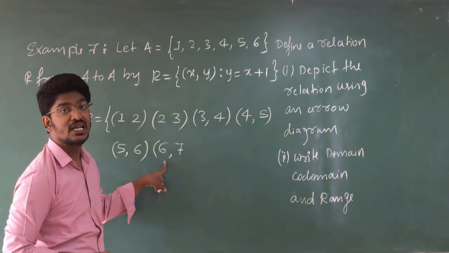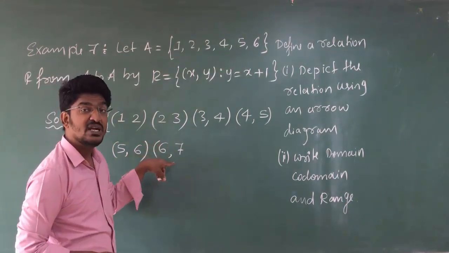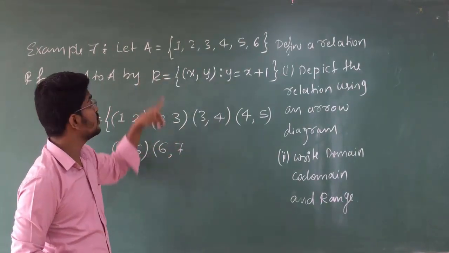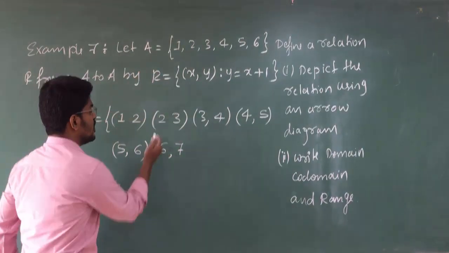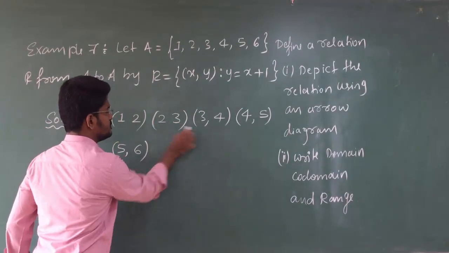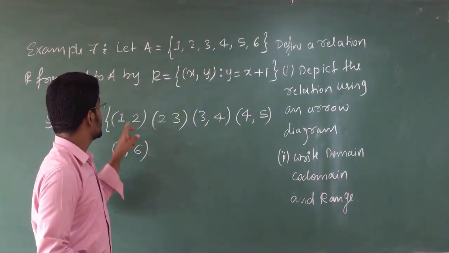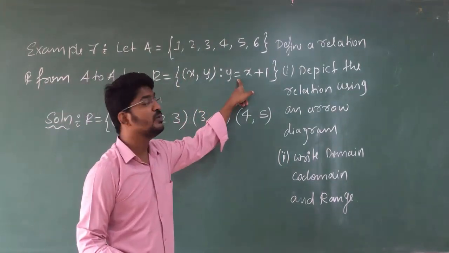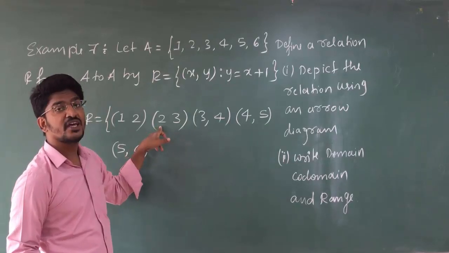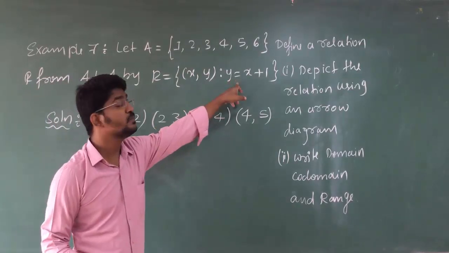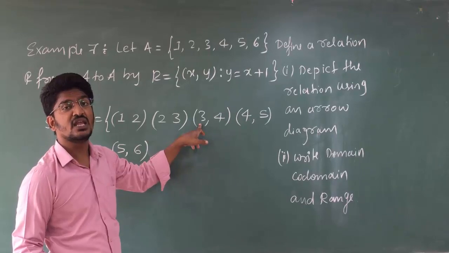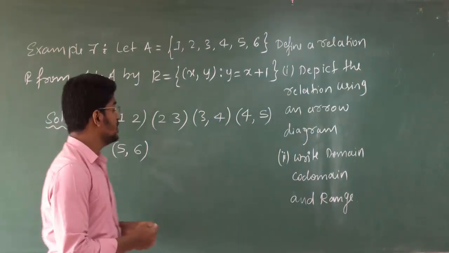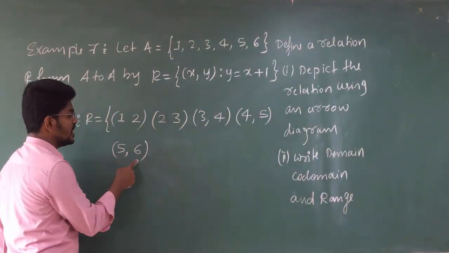But this cannot be written because the elements in the ordered pair have to be in the given set. See, 7 is not present in A. That's why I can't write this. So I can write 1 comma 2, 2 comma 3, 3 comma 4, 4 comma 5, 5 comma 6.